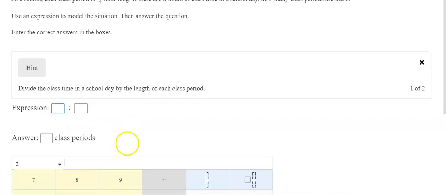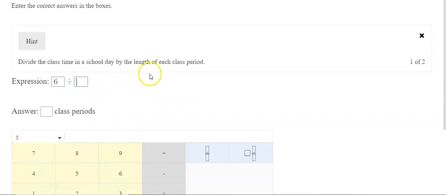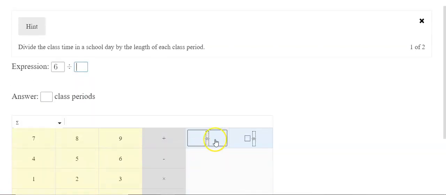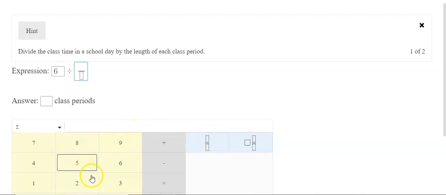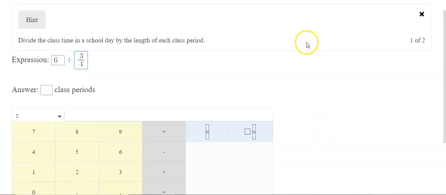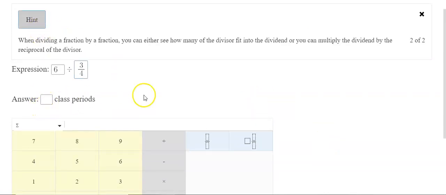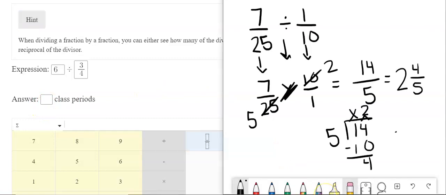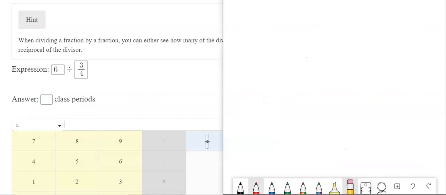So there's 6 hours divided by, our expression is 3/4. And let's do this part now. So we have 6 divided by 3/4.